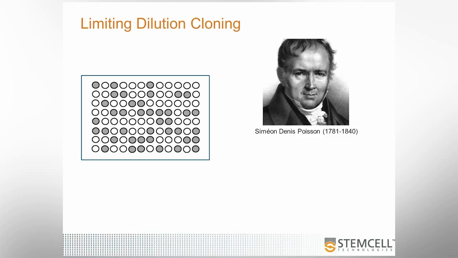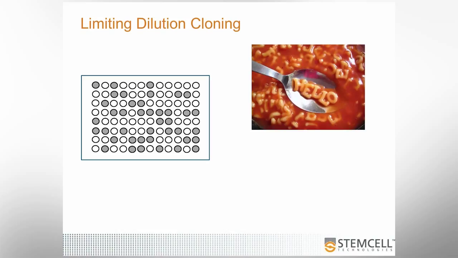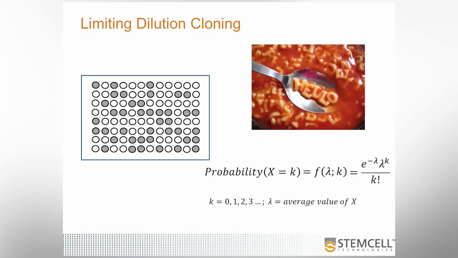For example, you could use a Poisson distribution to estimate the number of apples that are likely to fall during a specific hour of a day if you know how many apples fell during that whole 24-hour period. Alternatively, you could use it to estimate the probability of having a certain number of O's in a spoonful of alphabet soup, but only if you took the time to count up all the O's in the whole bowl and how many spoons you took to eat it.